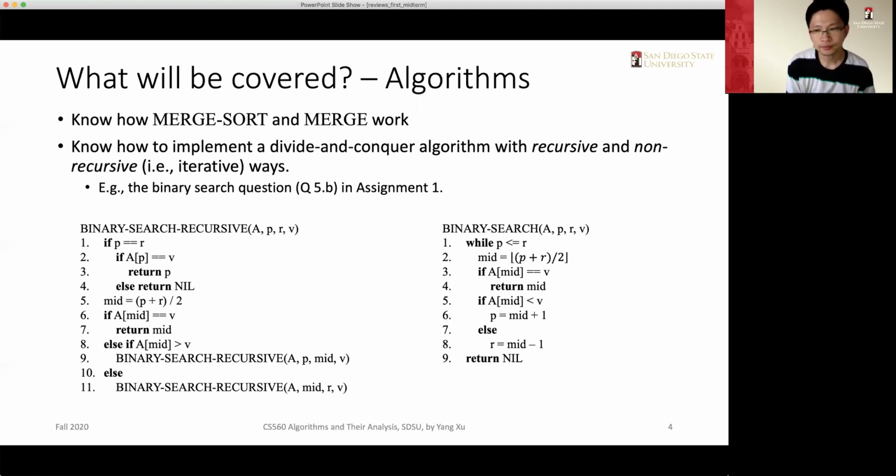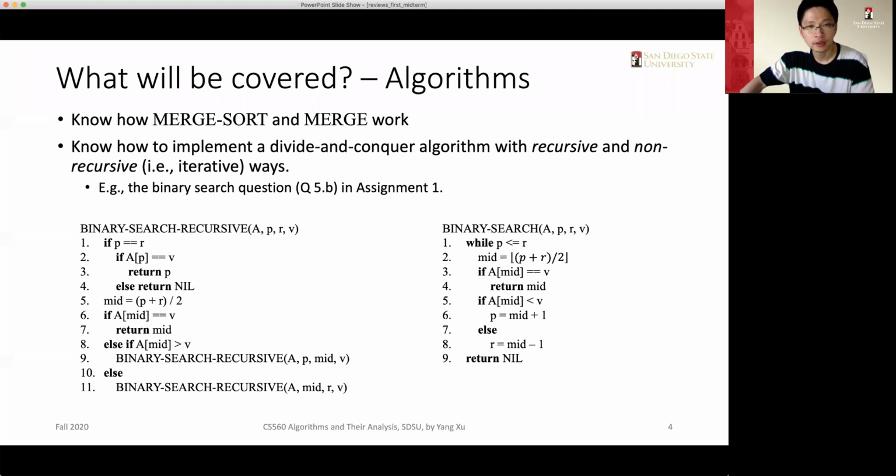Next, we basically don't cover the sorting algorithms in general, but for merge sort and insertion sort, which we talked about in the first lecture and in the divide and conquer lecture, these are two important algorithms that you need to know well. Especially for merge sort, you should know the merge sort and the merge procedure, how they work.